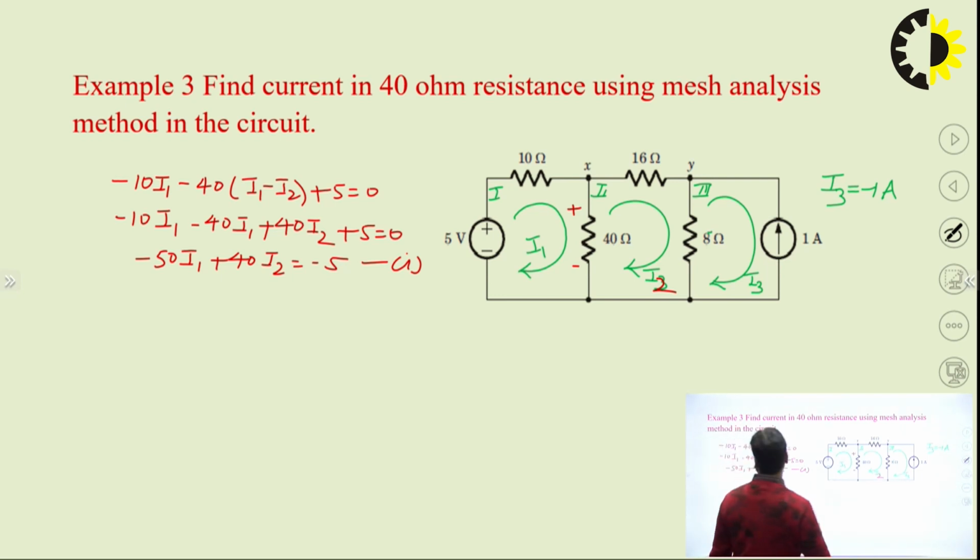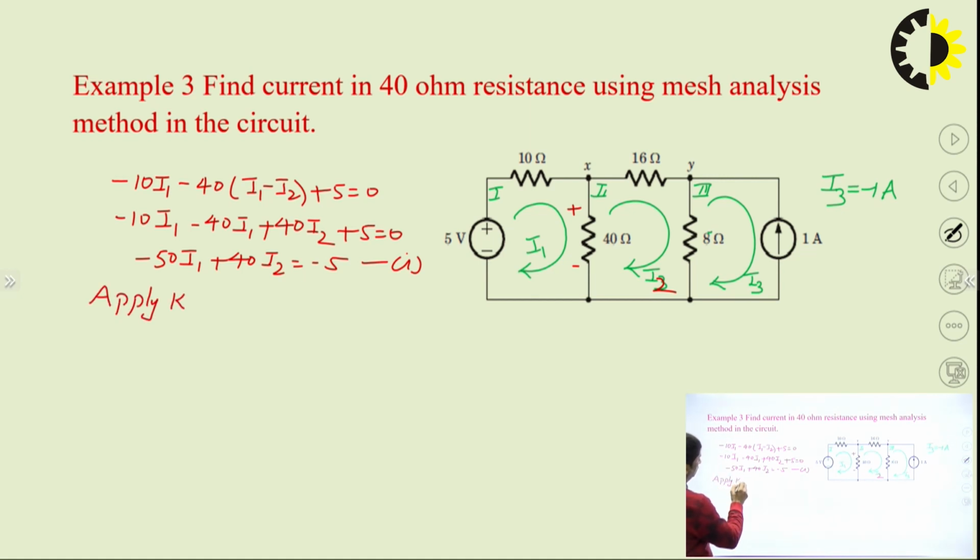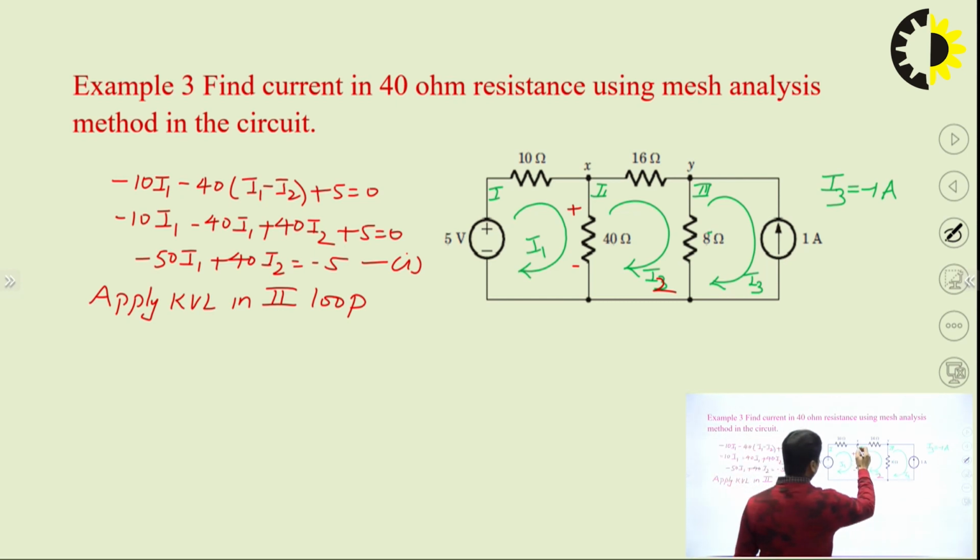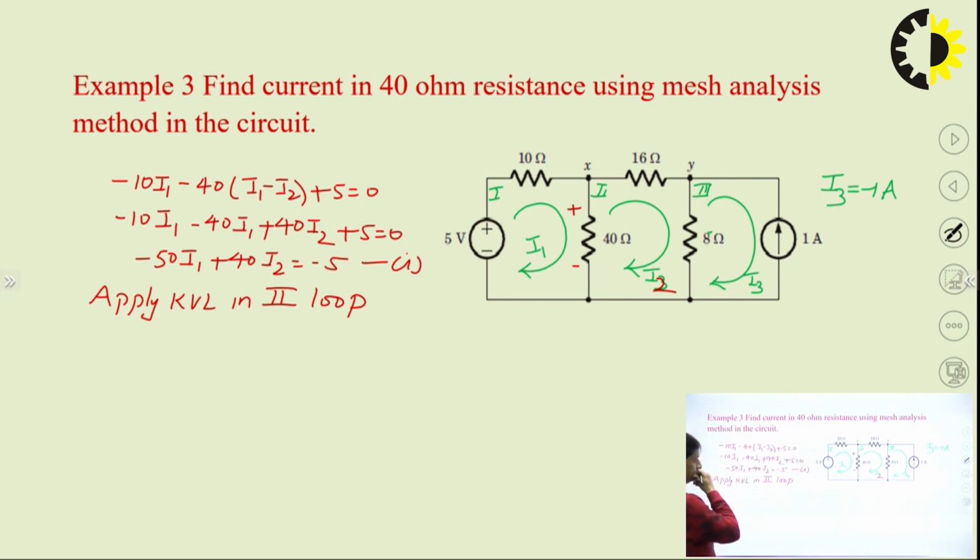Now apply KVL in the second loop. In the second loop, let us start from this point x, y. So when we apply the KVL in the second loop, starting from x, minus 16, the current I2 is there.